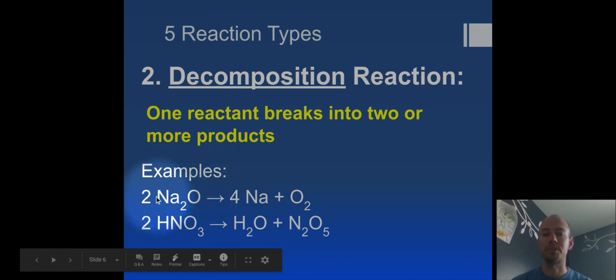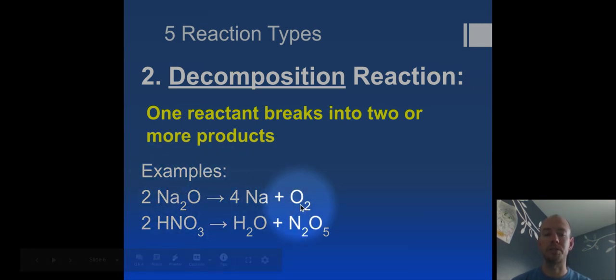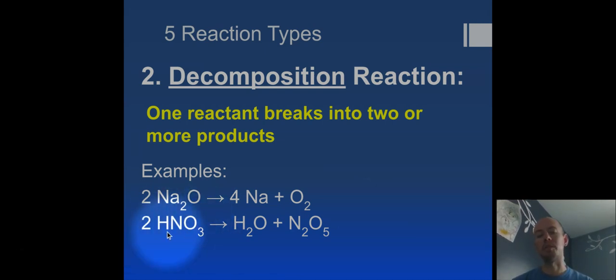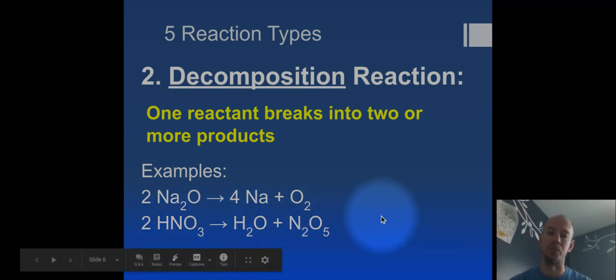Here we have sodium oxide making sodium and oxygen. So a compound can break down into its elements, or we can have a compound like nitric acid that breaks into 2 other things. In each case, I think we've written them correctly. In addition to having the correct things on the left and right sides, we also want to make sure we're thinking about balancing.